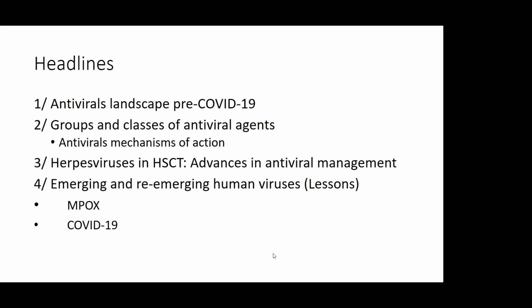The first part, 1 and 2, is the antiviral landscape before COVID hit us, and how we classify or group antivirals, including how they work. And in the second part, and I hope we find time to do that, I thought it probably better to zoom into a group of viruses that we as clinicians are busy treating, with HIV out of the way.